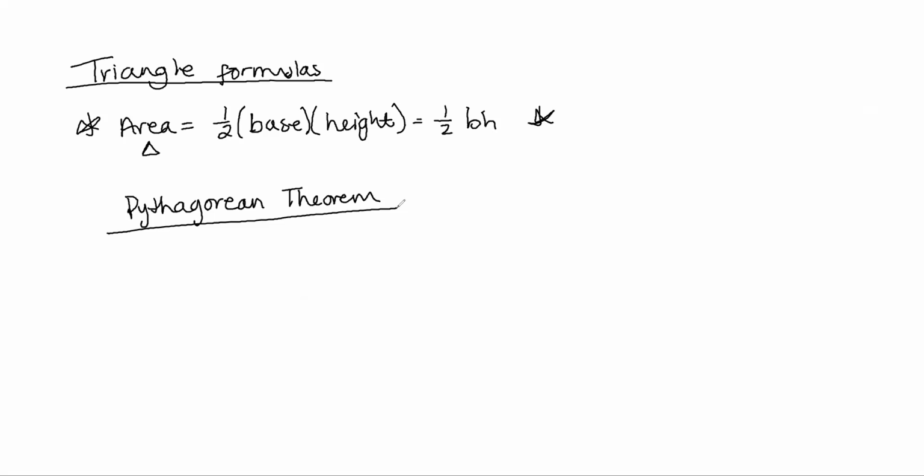And Pythagorean theorem is, if we're given a triangle, a right triangle, with our two legs, A and B, and remember, these can also be switched. It doesn't matter which one goes where, but C is the hypotenuse, the longest side across from the right angle.